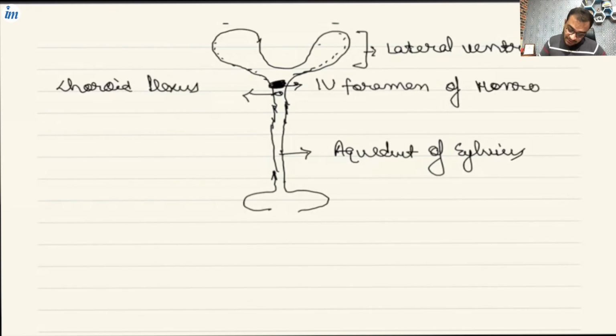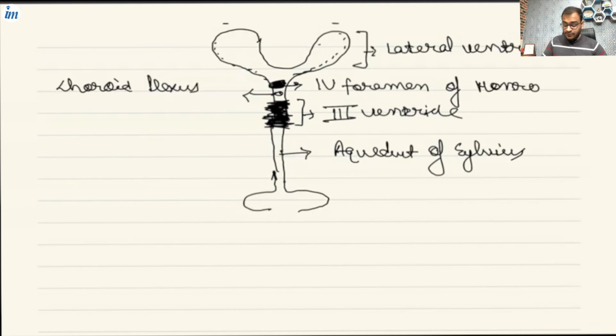Here these both are lateral ventricles. Then from the foramen of Monro there is the third ventricle. This whole area, which I am making black for you, is the third ventricle. From the third ventricle, it flows down through the aqueduct of Sylvius and goes to the fourth ventricle. This is the fourth ventricle.